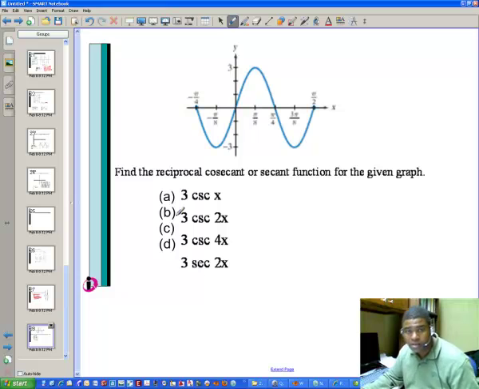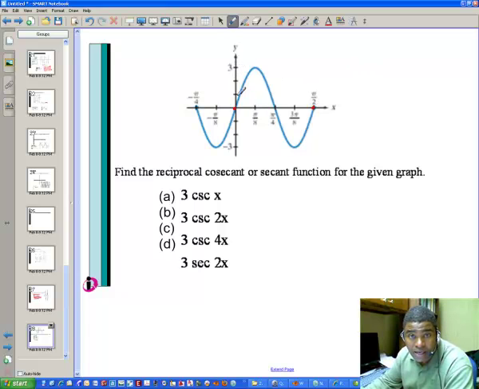All right, here we want to take a look at find the reciprocal function, whether it's the cosecant or the secant function. If we look at this particular function here, this is actually a sine graph, and it gives us one period, and we can actually establish from here to here is a period. So a period here is pi over 2.